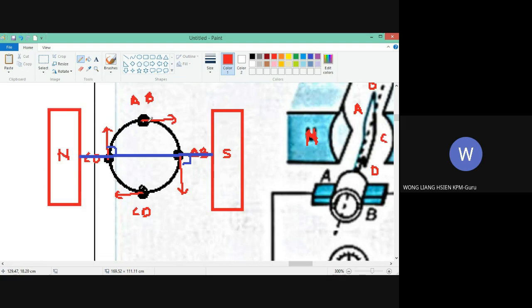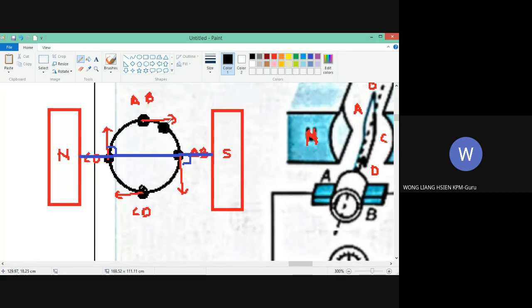When it moves downward, the cutting is 90 degree. So with 90 degree of cutting, the EMF that is produced will be at the maximum. Okay, so let's see what happens in between. You see, when the coil AB is moved, it moves until here.